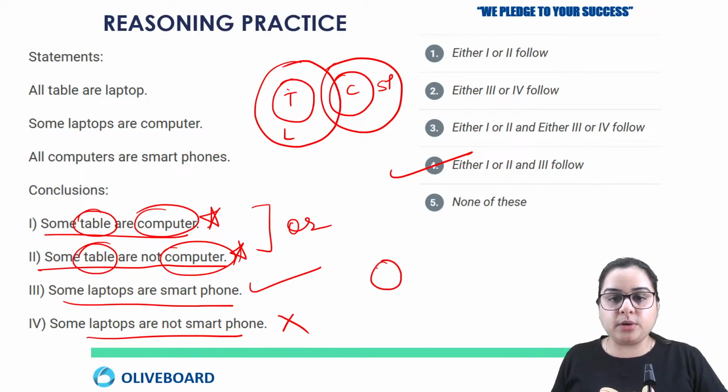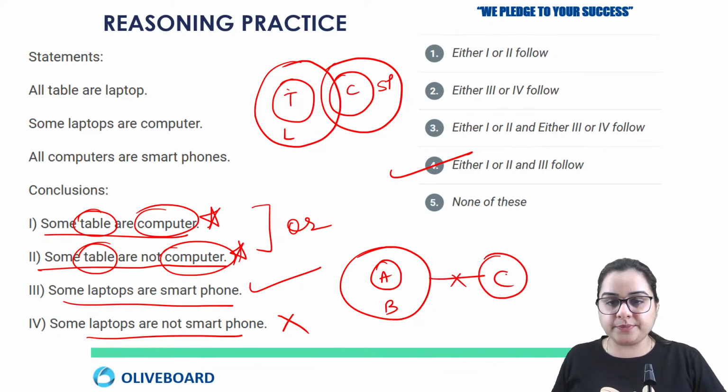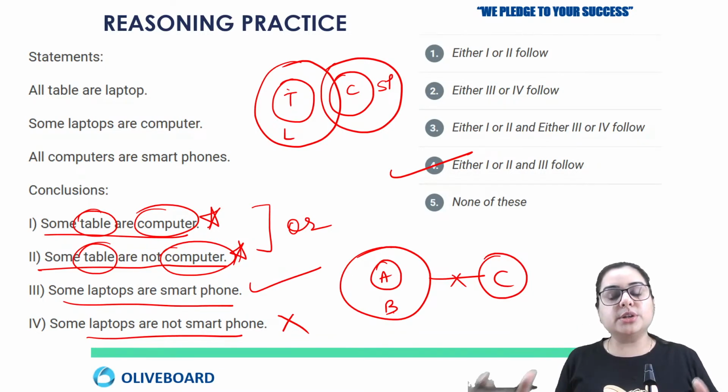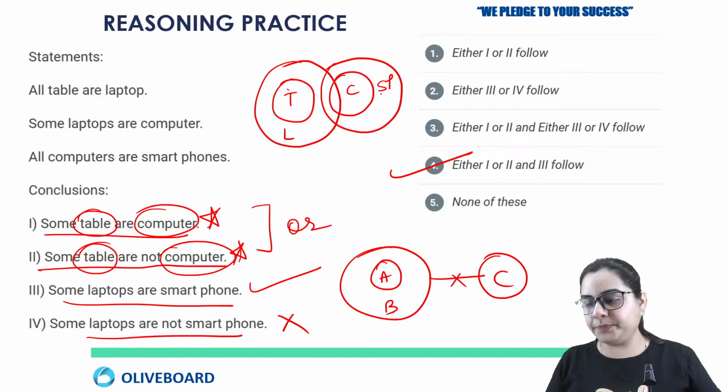Now if I say all A are B and no B is C, then no A is C will also be true, because A is entirely in B. Due to the same reason, if all computers are smartphones, then some smartphones also have a relation of "some" with laptops.